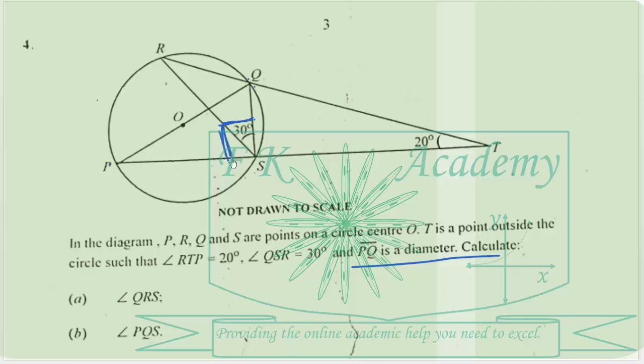If this is 90, this will also be 90. So you can now use triangle RTS to calculate angle QRS.